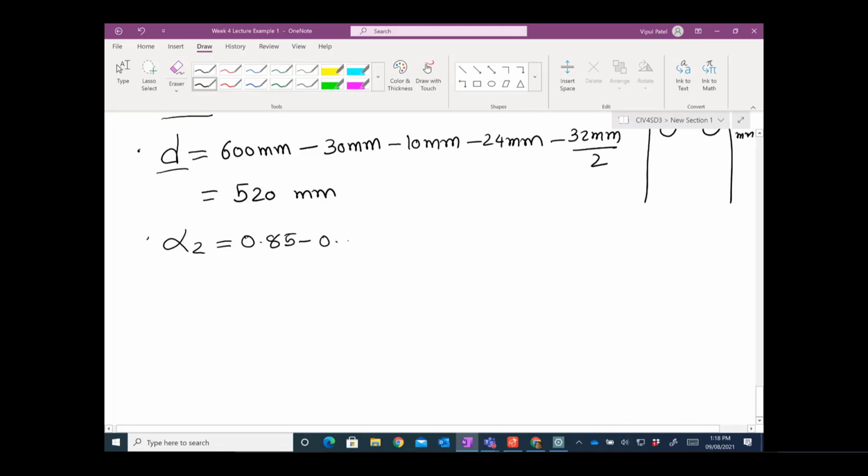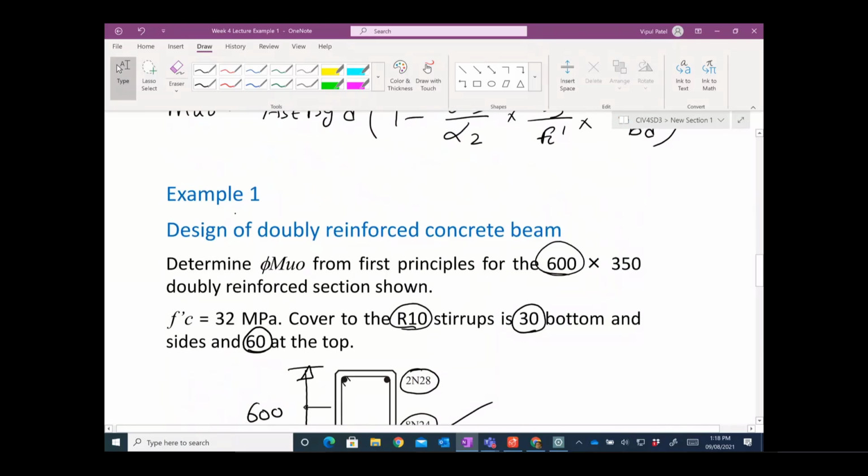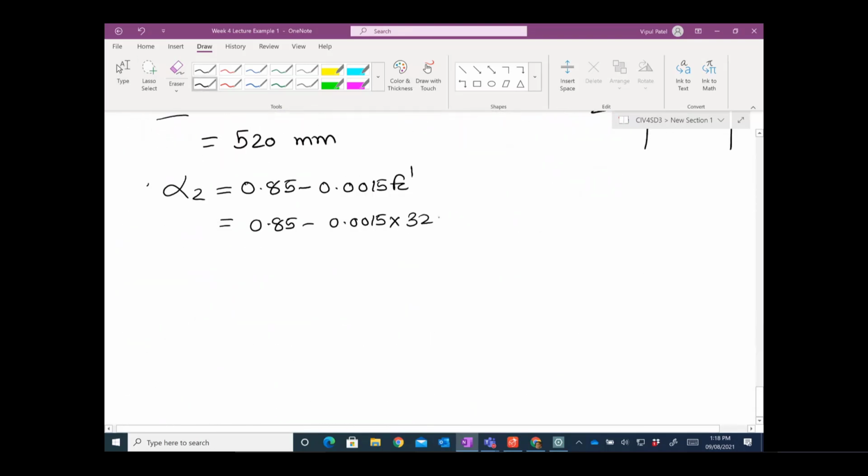0.85 take away 0.0015 f'c. So 0.85 take away 0.0015 times f'c. What was the f'c we got? Let me close this one, 32 megapascals. This is an empirical equation, so the unit does not come into the picture.